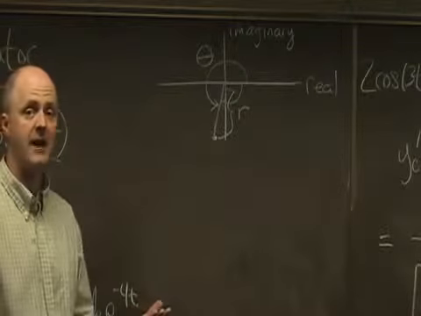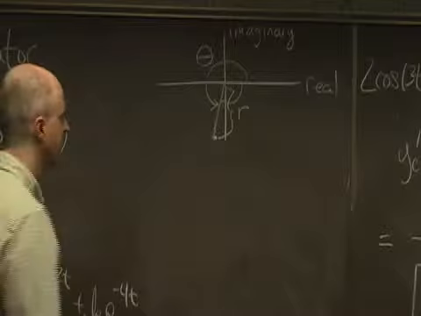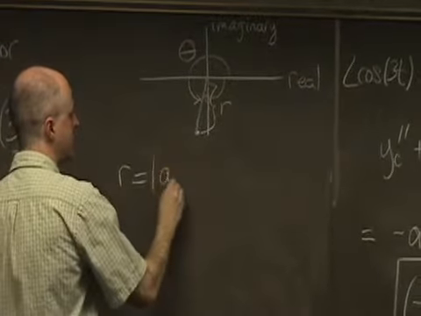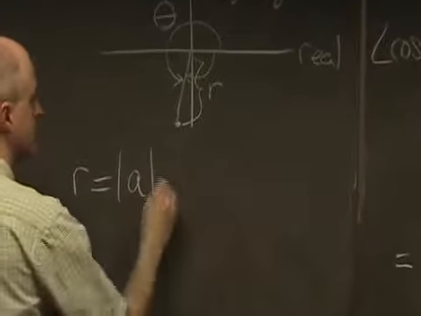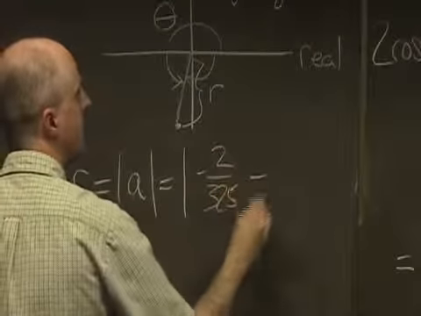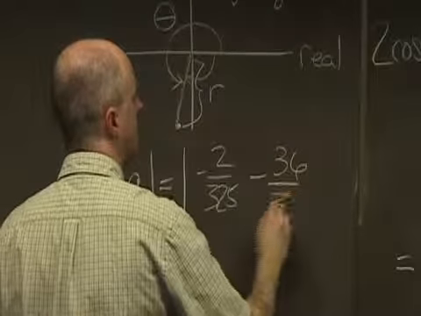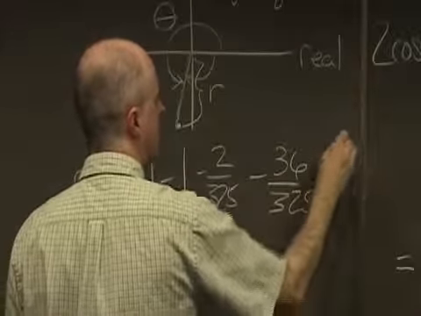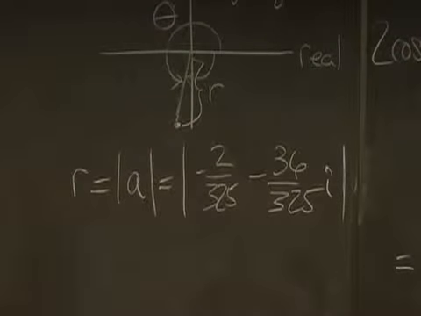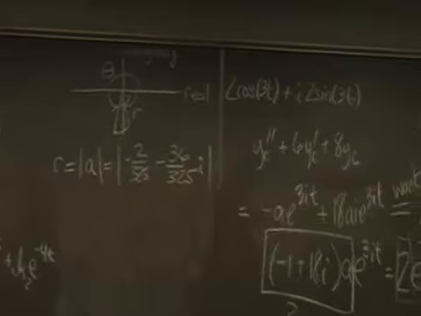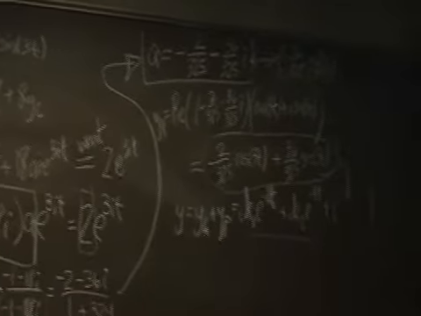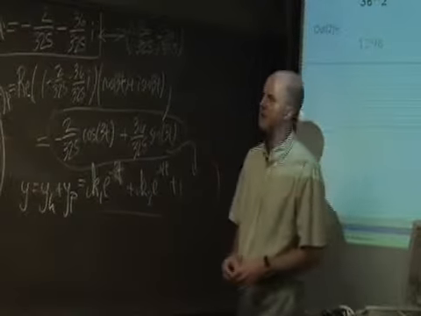r just comes from the Pythagorean theorem, the distance formula. Sometimes we use absolute value symbols around our complex number in this situation to denote that distance. And just doing a little calculation on Mathematica.